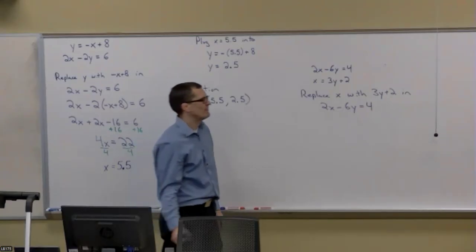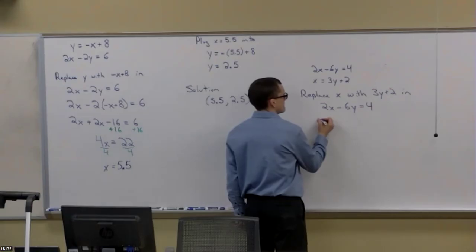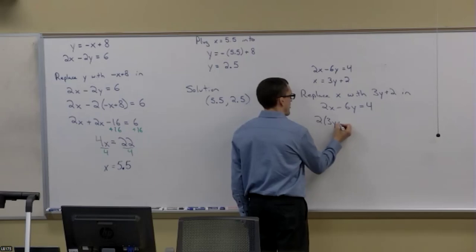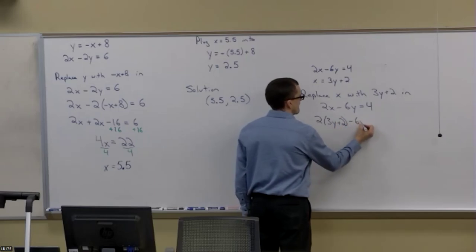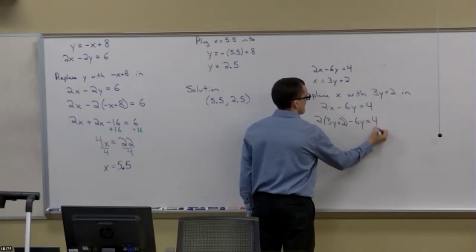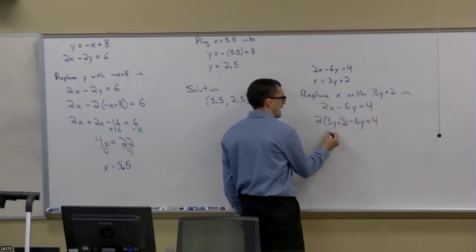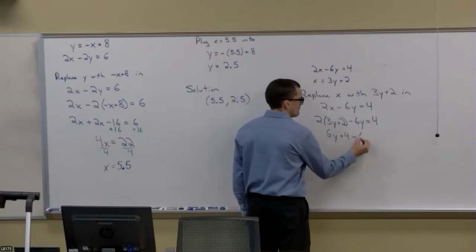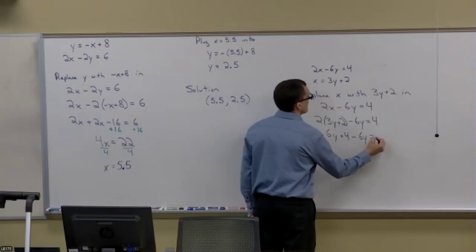If I do that, I end up with 6y plus 4 minus 6y is equal to 4.